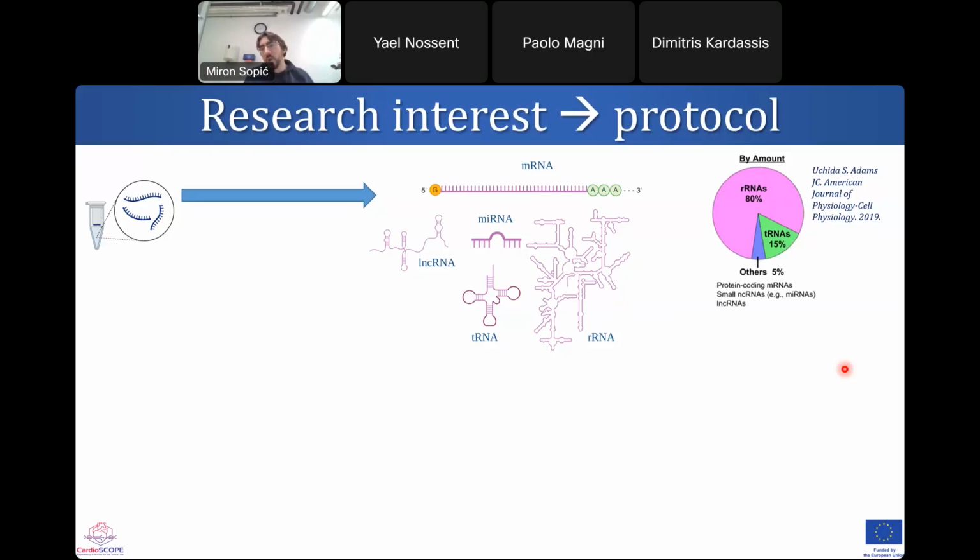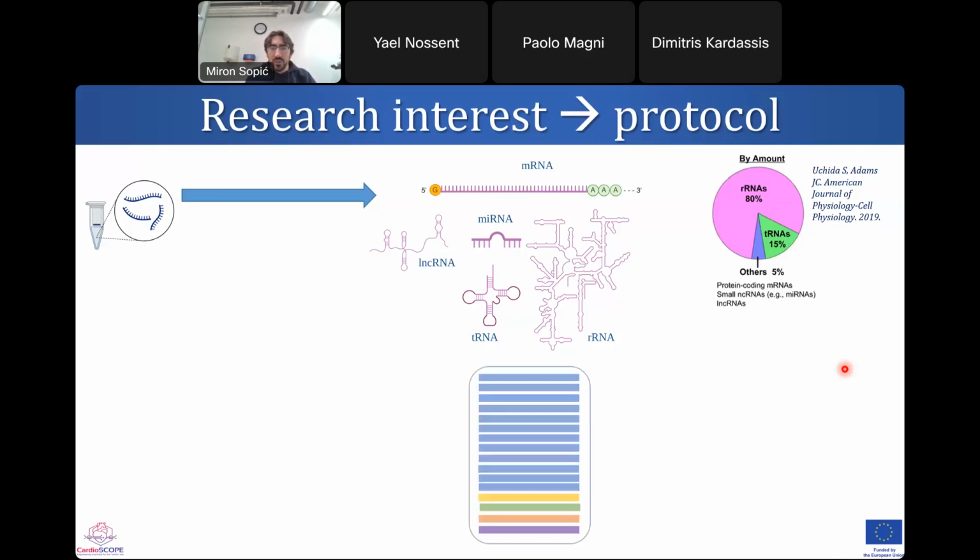to be removed. Now, the question is why we need to remove these ones. Well, just to remind you a little bit of the previous metaphor I used, if you have too many transcripts of one type, you need to go very deep in order to catch those that are very low abundant. So in this graphical representation, these blue lines represent ribosomal RNAs, and these other colors are different types of RNAs.